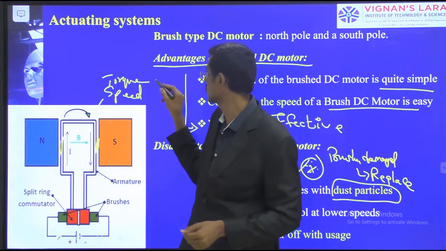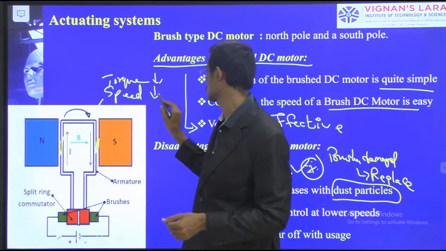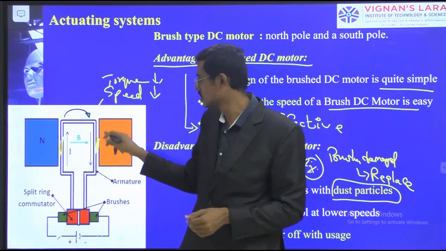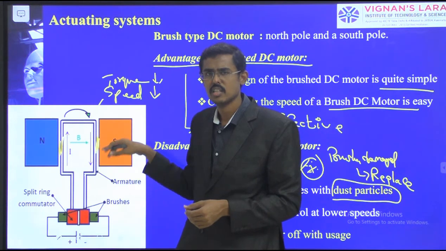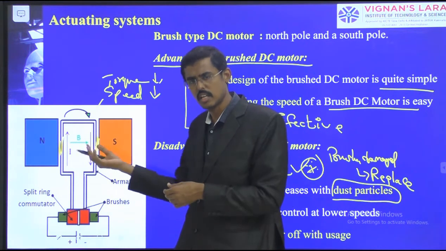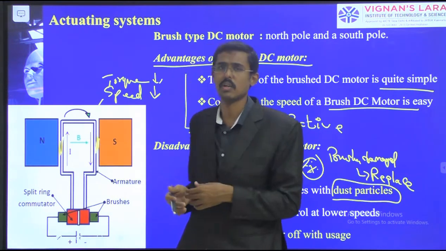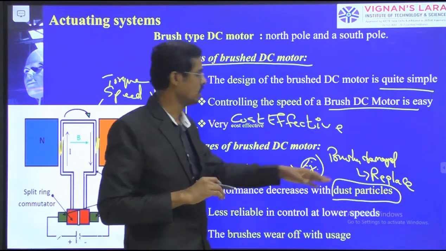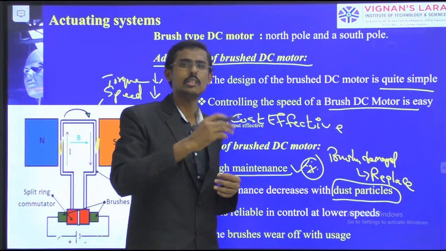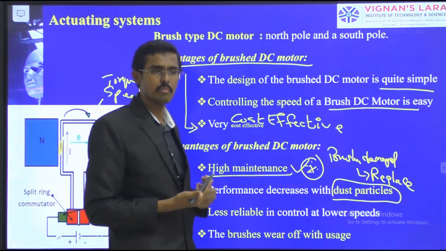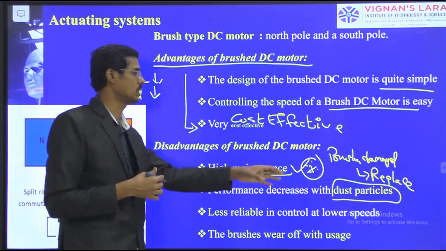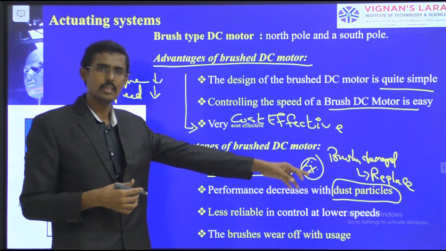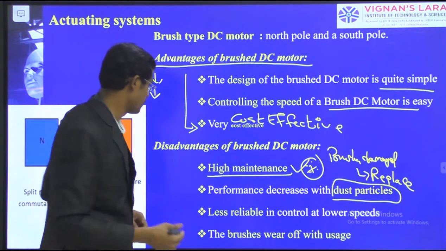Torque is reduced; speed reduction and torque reduction happen. Therefore, the maintenance of the north poles or any poles with respect to dust particles has to be taken care of. It has to be cleaned every time before switching on and switching off. That cleanliness has to be ensured.